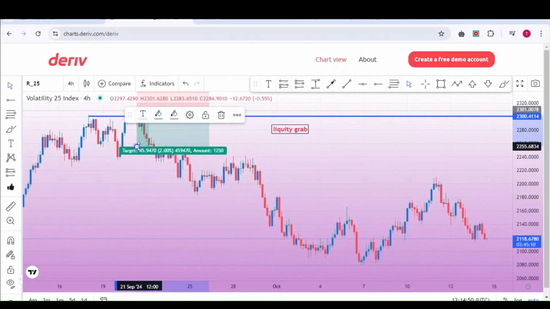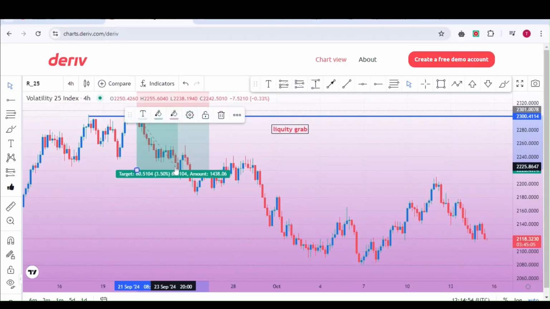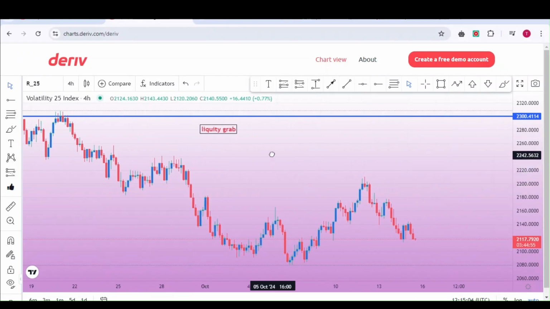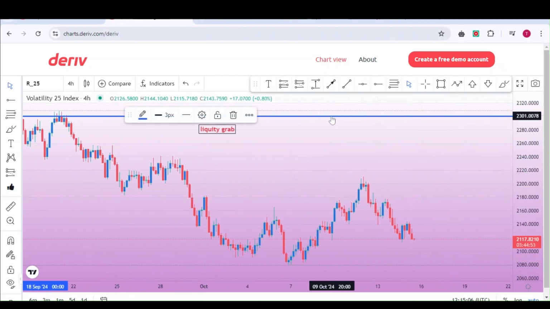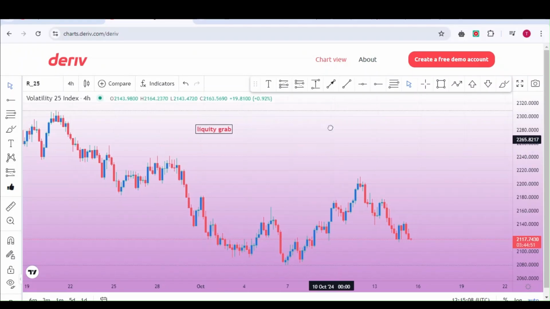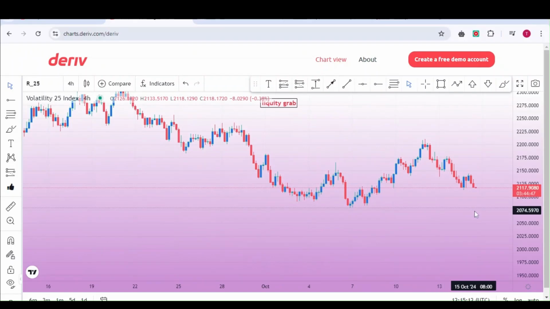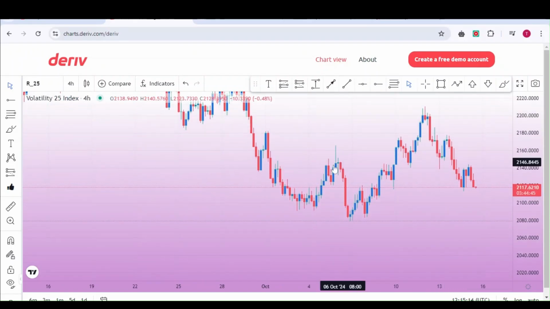So just as I've told you, let's jump into the first step of the strategy. The first step is marking the swing low. Let's look for one entry point where we can see a potential swing low.